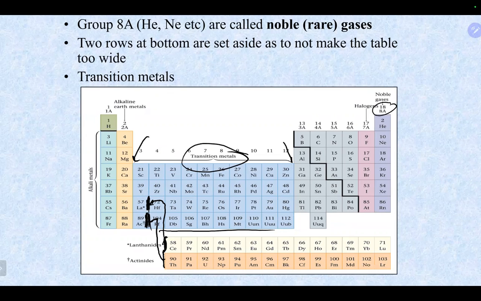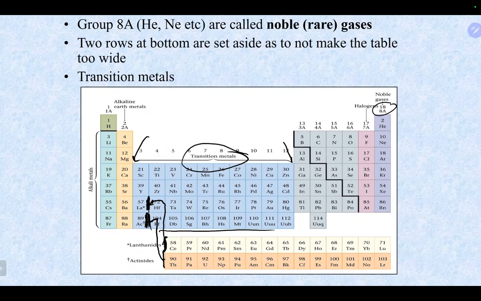One of the characteristics of transition metals is that because they are metals, they lose electrons, but they have the ability to form multiple types of charges depending on the situation. Something like iron, for example, could make a +2 or +3 charge. Copper could do +1, +2. So they have a variable charge when they get charged.